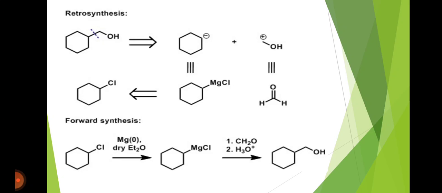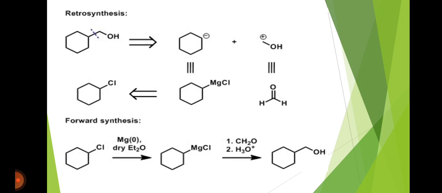Synthons are what we get after disconnection, an imaginary breaking of the compound, not a breaking like we break anything physically. By breaking the compound we get two ions, either a cation or an anion. These two ions are called synthons.